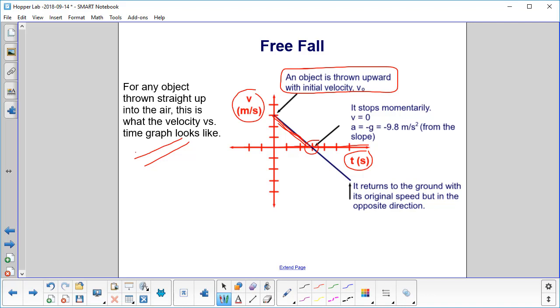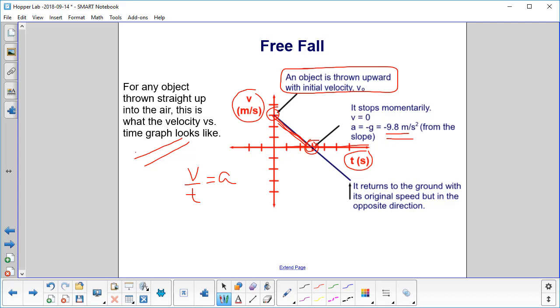Now you can take the slope of that line, and the slope is what? Rise over run, so that would be change in v over change in t. Well, what is that? That's the definition of acceleration. So it's a negative slope, and actually the value would be negative 9.8 meters per second squared. That, of course, doesn't fit with what I said for what these values are, but don't worry about that. The slope of the line will be negative 9.8.